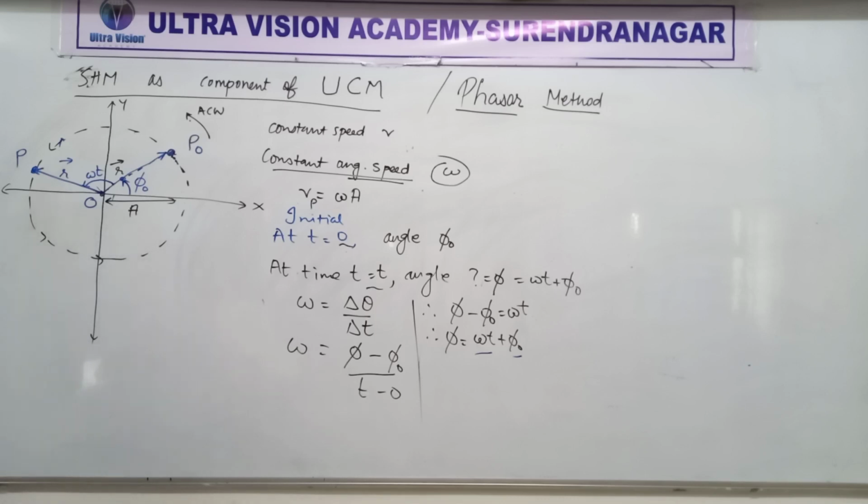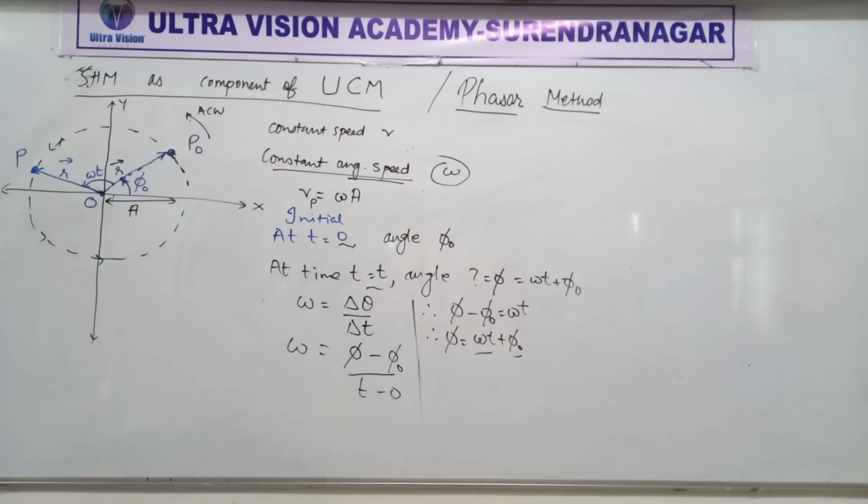Understood? Okay, so this is fine, everyone. Phi equal to omega t plus phi 0.